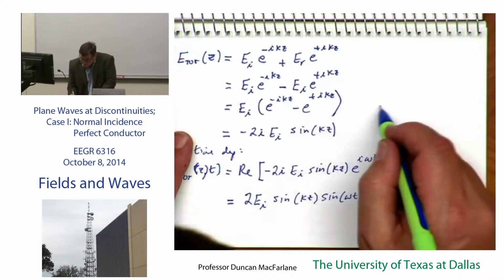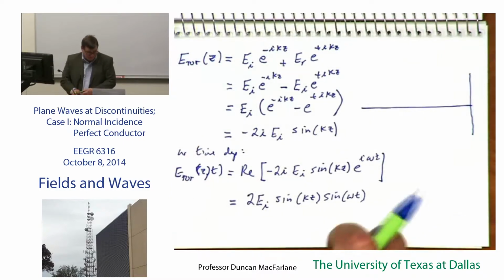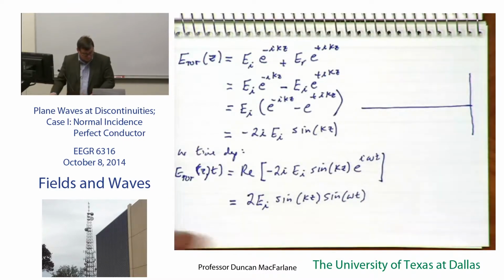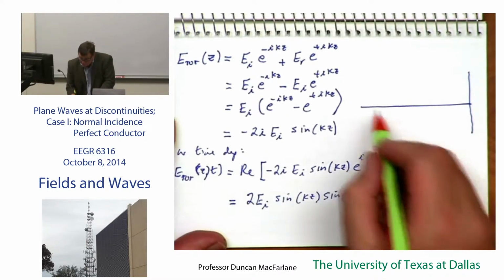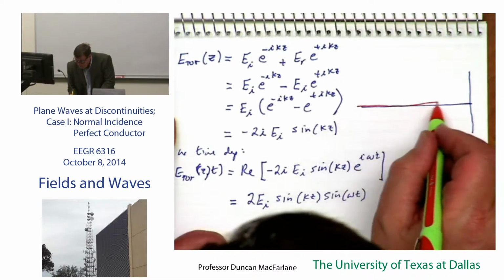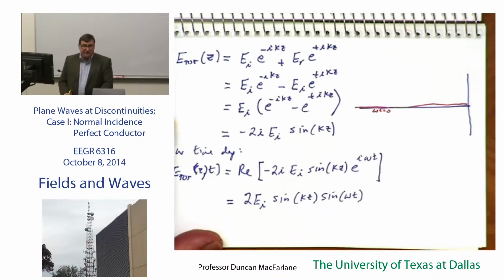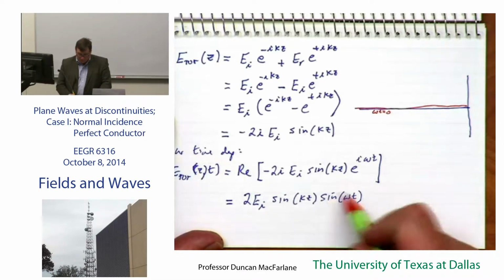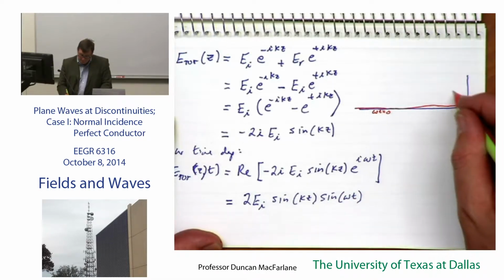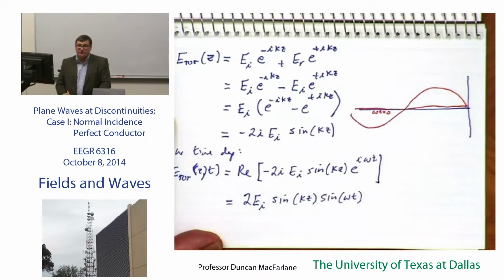And if I plot this at omega t equal to 0, I get a line that looks like that. At omega t equals pi over 4, I get the sinusoid that looks like that.